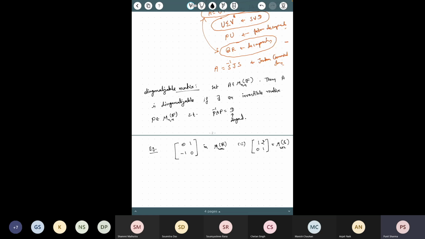There are certain equivalent conditions under which you can say that a matrix is diagonalizable.